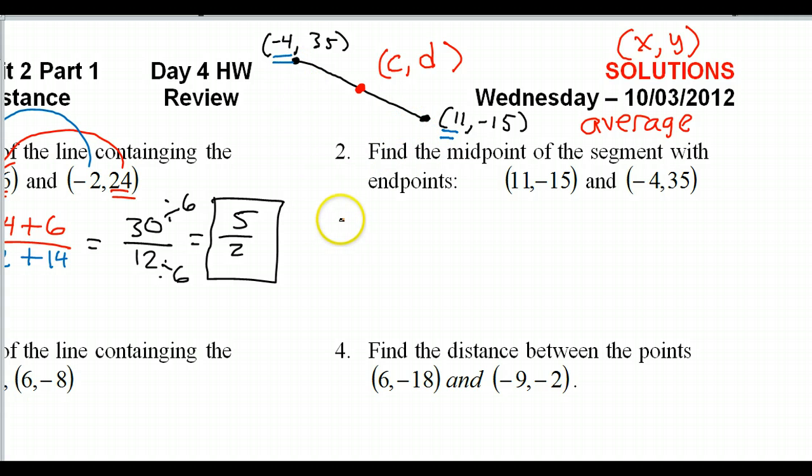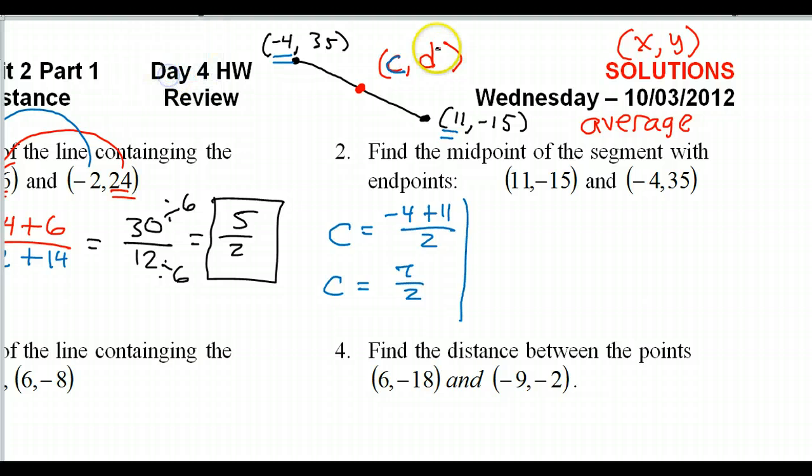So that c value, I should be able to find the c value simply by doing negative 4 plus 11 divided by 2. Okay, so that's going to be 7 over 2. So that's the c value of this midpoint that I'm finding. But then if I want to find the d value, so that should be the average of the y's.